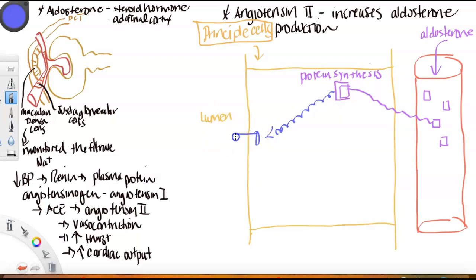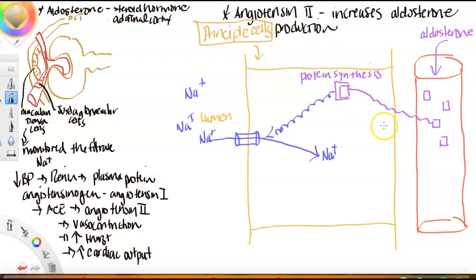And what it's going to do is make little channels that are specific to sodium. And the sodium that's in the filtrate is going to go into the cell. So it's going to go into the cell, and we need it to keep coming into the cell. So again, we've got the same thing going on in this type of cell as we would any other cell we've talked about that does these kind of things.